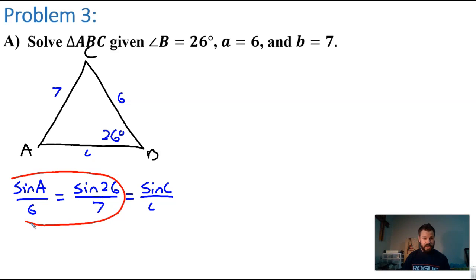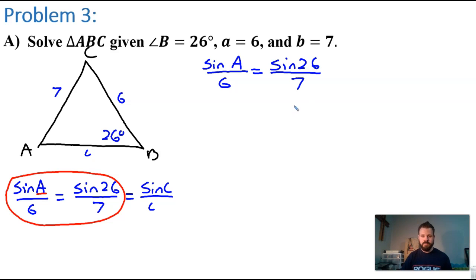This time I know all the b's. We'll use that to solve for a. And notice in this case my variable is the angle. It's not a side length, it's an angle. So let's show you how to solve for that here. We'll set it up the same way. We'll say we have sine of angle A over 6 is equal to sine of 26 over 7.